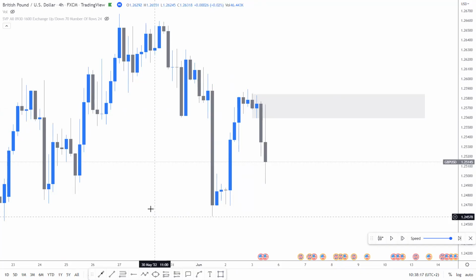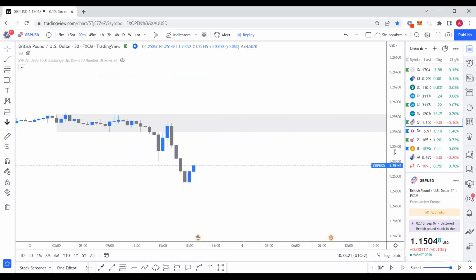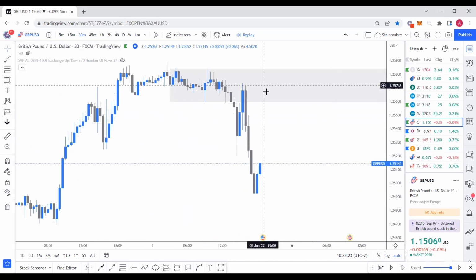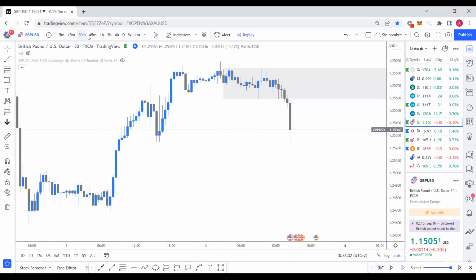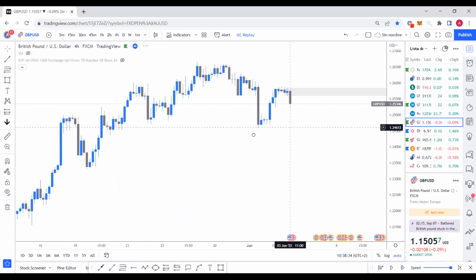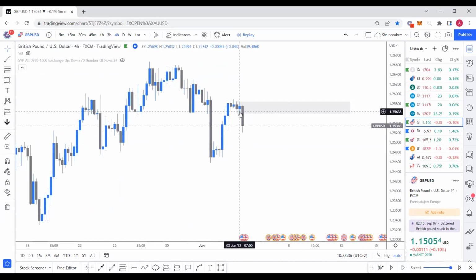Let's go to the 30-minute time frame. Let's see how this looks. Let me cut it off again right there. So this was the 4-hour imbalance: price created an indecision candle followed by a heavy bootleg.